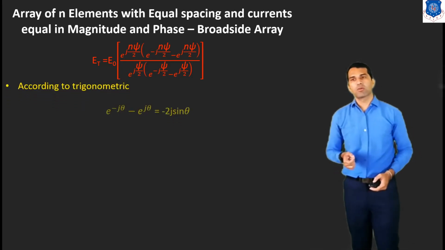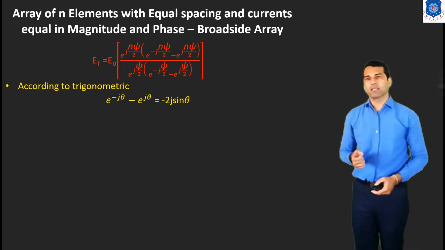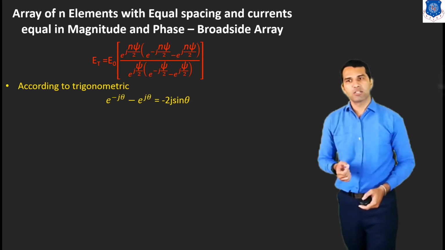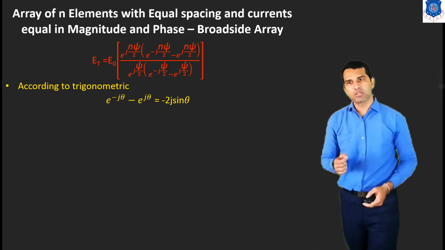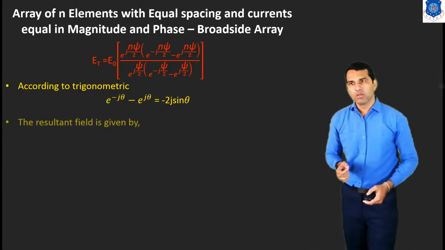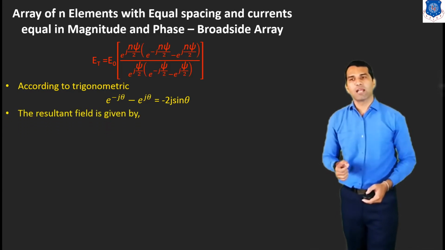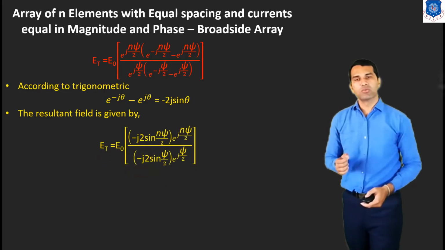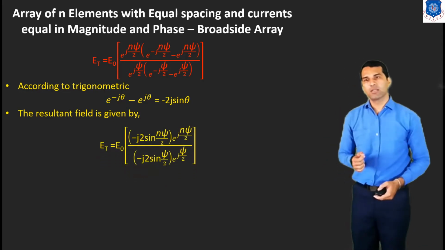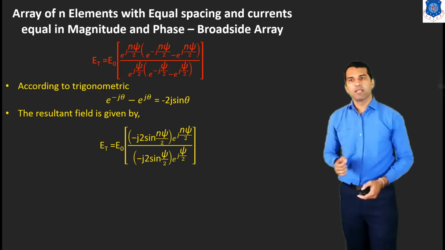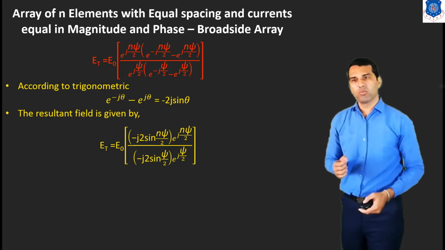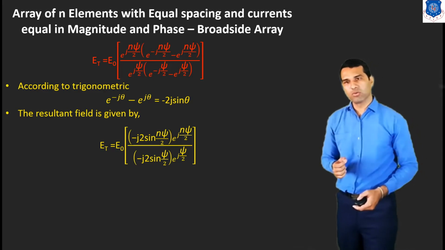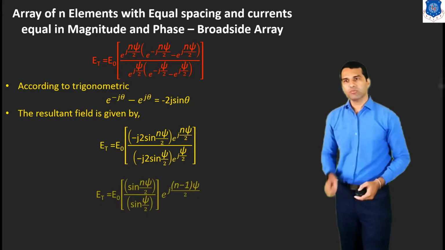According to the trigonometric identity, e raised to minus j theta minus e raised to j theta is equal to minus 2j sine theta. So the resultant field we can write as Et is equal to E0 times minus j2 sine n psi by 2 e raised to j n psi by 2, upon minus j2 sine psi by 2 e raised to j psi by 2.